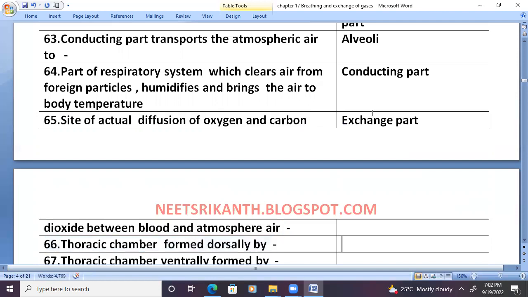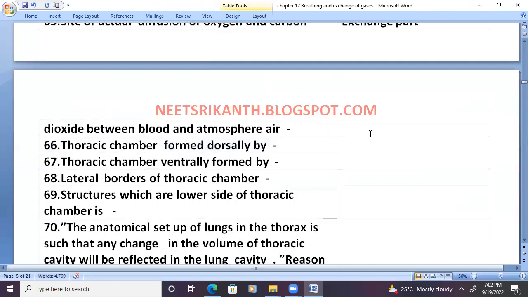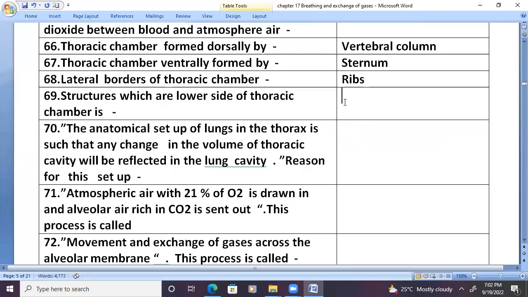The thoracic chamber is formed dorsally by the vertebral column, ventrally by the sternum, and laterally by the ribs. The structure on the lower side of the thoracic chamber is the dome-shaped diaphragm.